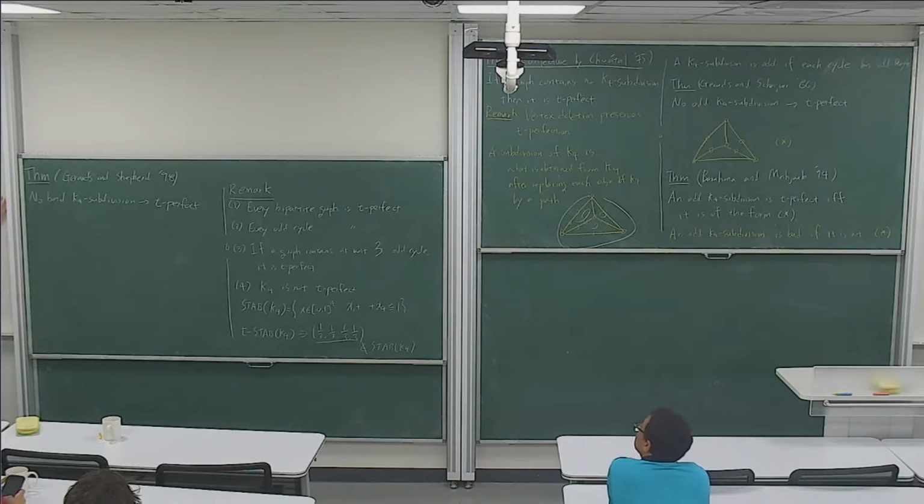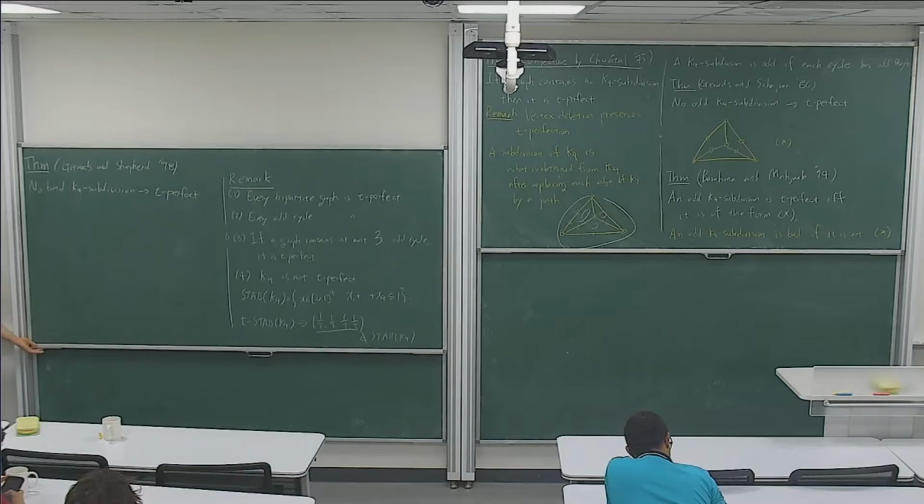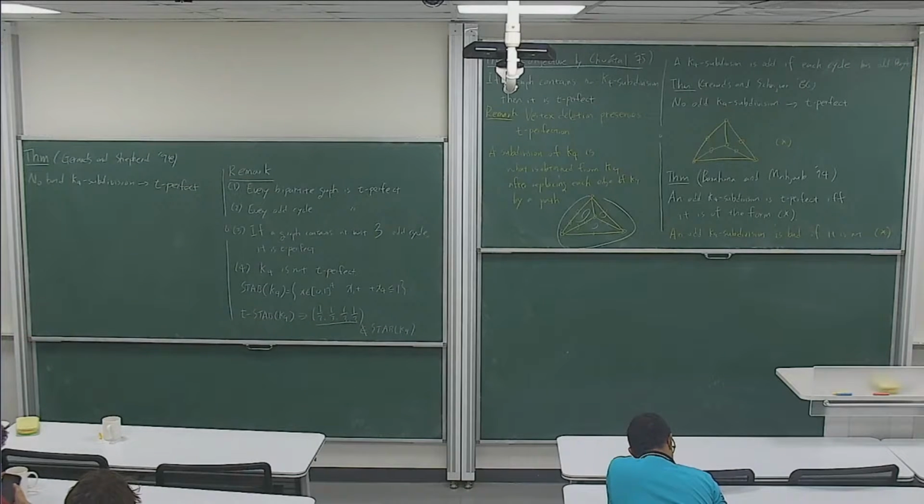Maybe the next question is that are there other classes of T-perfect graphs, or is this the largest class, and there are some other sporadic classes of T-perfect graphs. But I'm not aware of any result.